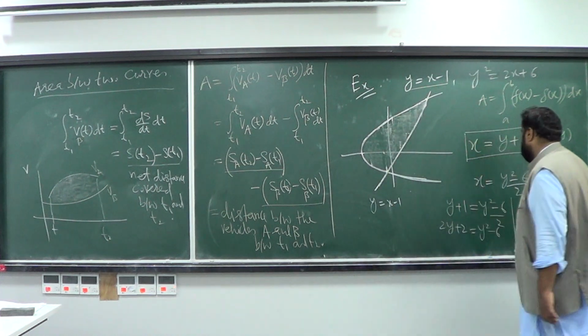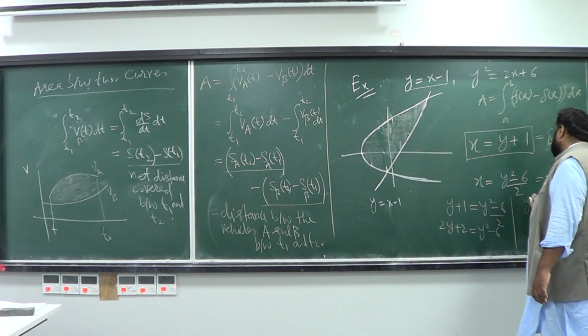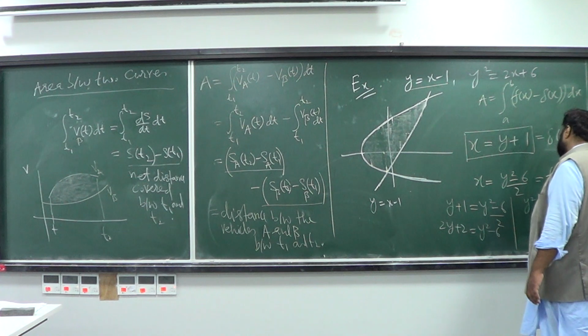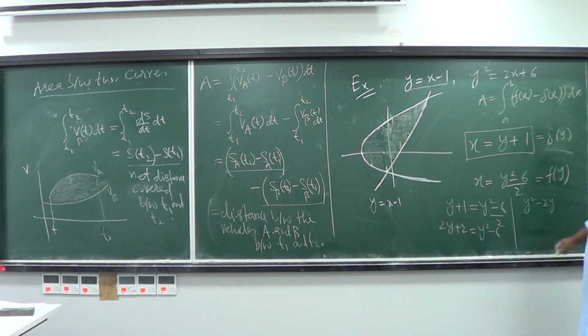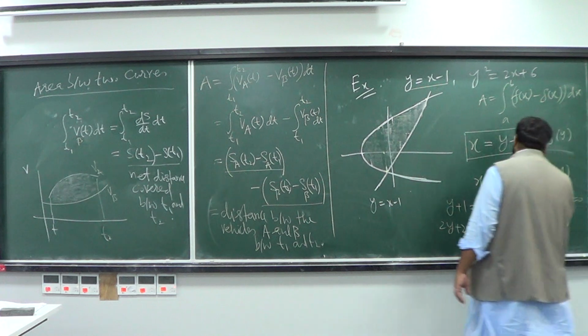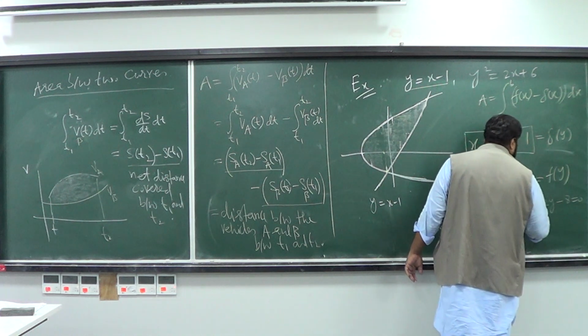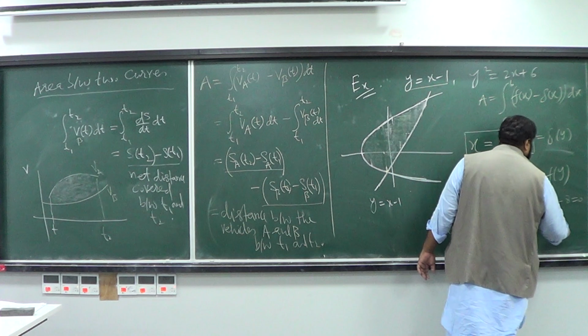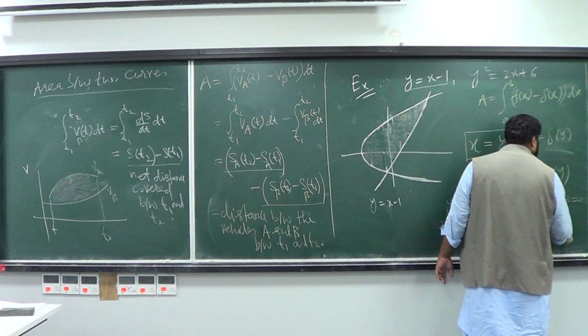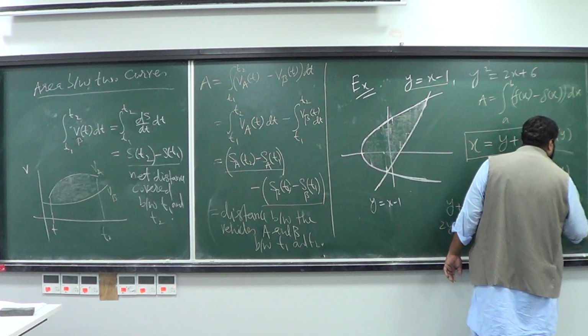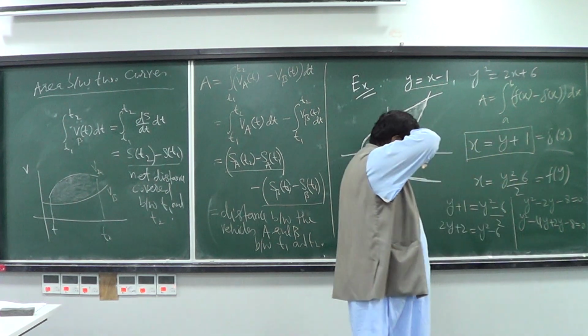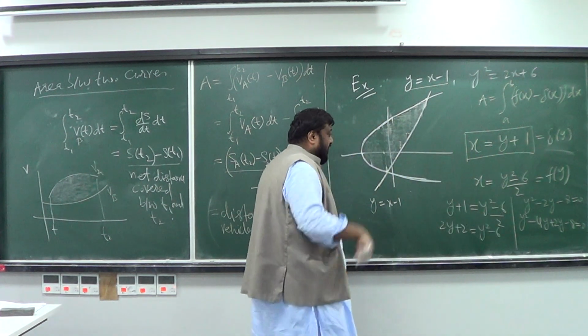Then you can solve this quadratic equation: y square minus 2y minus 8 equal to 0. I can make a factorization of it: minus 4y plus 2y minus 8 equal to 0.